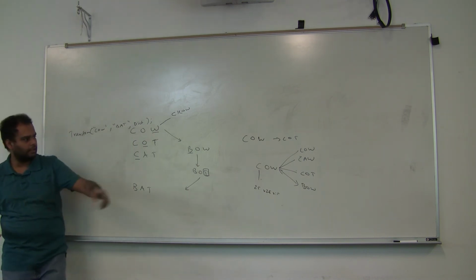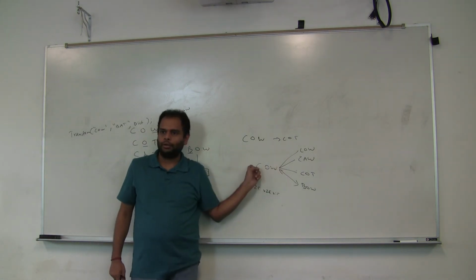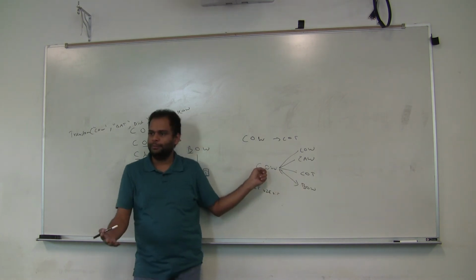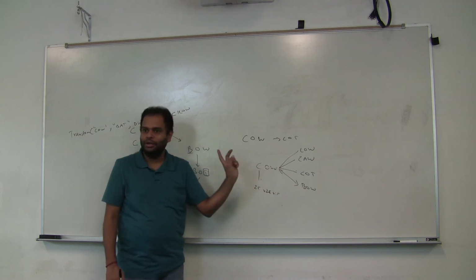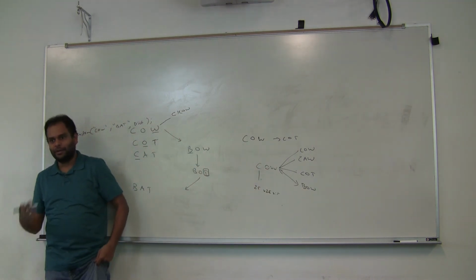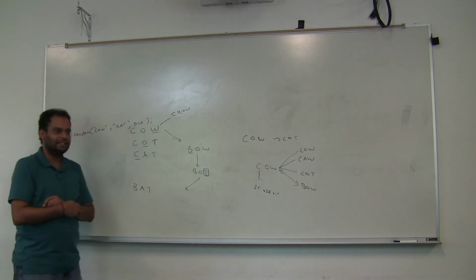So the problem is that once I'm at cow, I go to bow, and then I'll come back to cow. When I'm looking for neighbors of bow, cow is going to be a neighbor of bow. So I need to figure out how to make sure that I don't go back from bow to cow. Since it's not a graph in the way we looked at it earlier, where you can put your footprints and then do breadth first, it becomes harder.